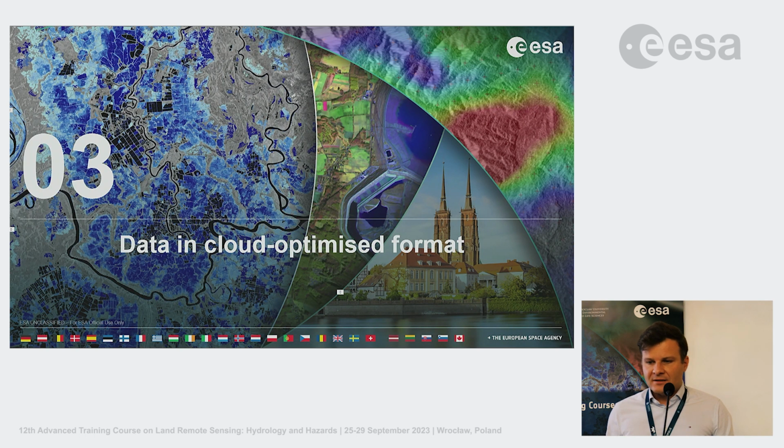Another important aspect is that you should get used to the cloud optimized formats. In this Copernicus Data Space Ecosystem, we are slowly trying to transfer many of these products to cloud optimized format.